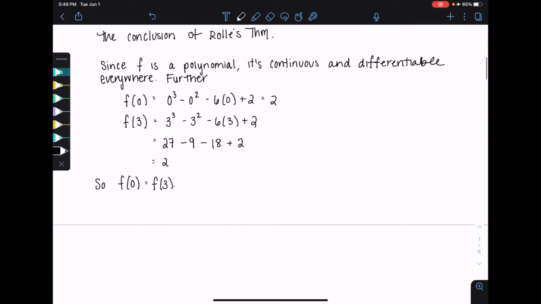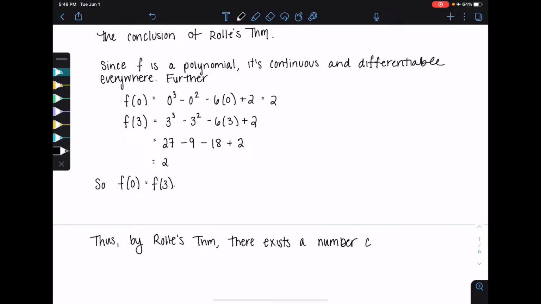So by Rolle's theorem, there exists a number c inside the interval from 0 to 3 such that the derivative evaluated at c is equal to 0.